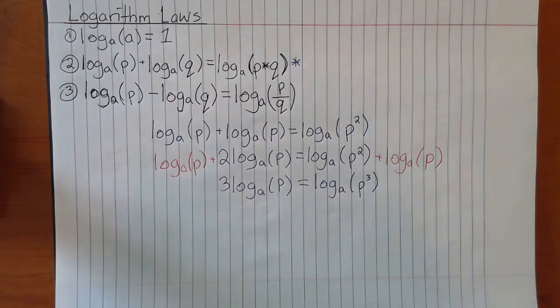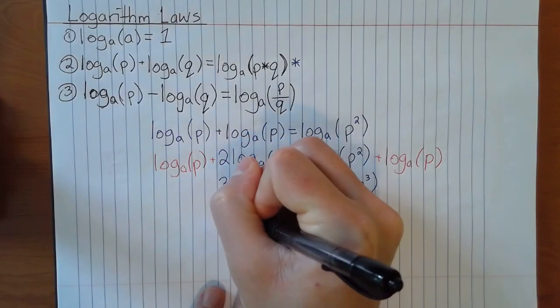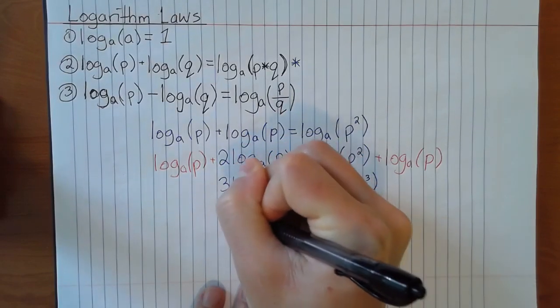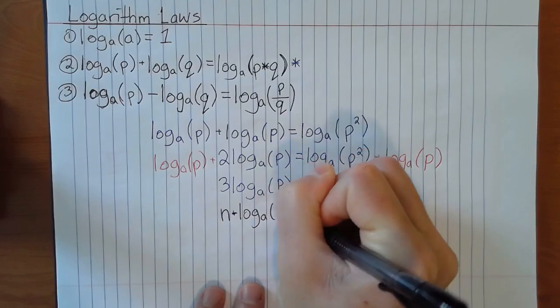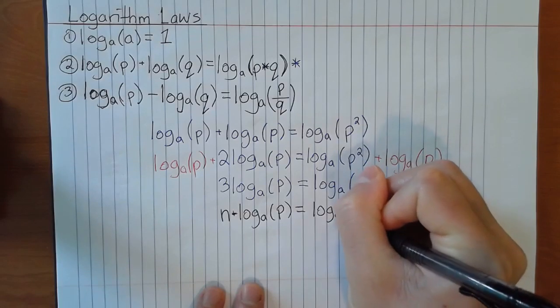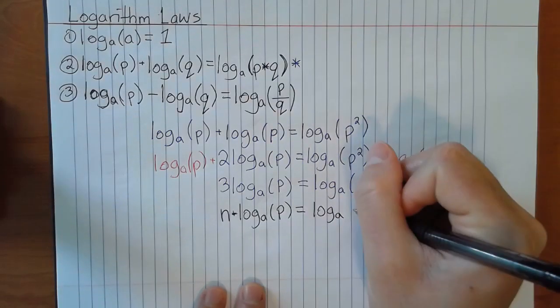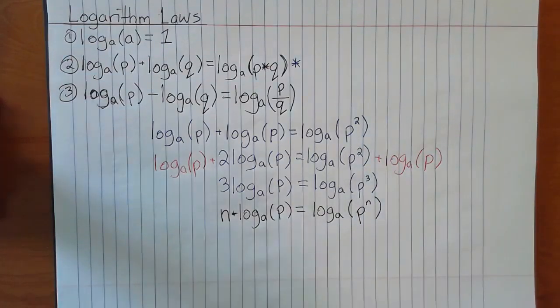Based on this work, we can generalize and create a new fourth law. We could say that any number multiplied by a logarithm with an input is going to be equal to a log of that same base, they're both A, where that n is now the exponent.